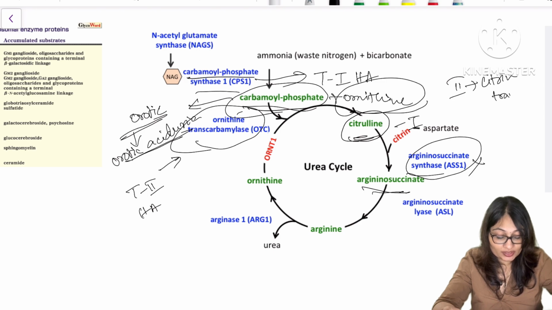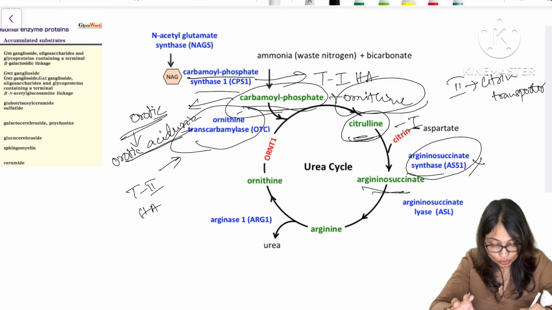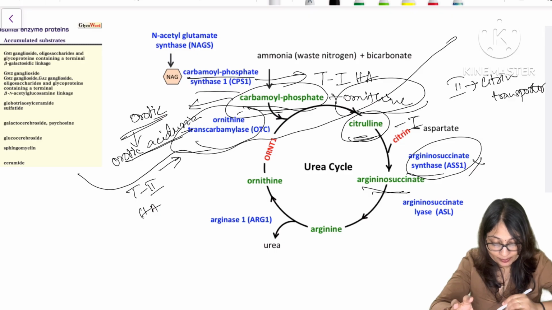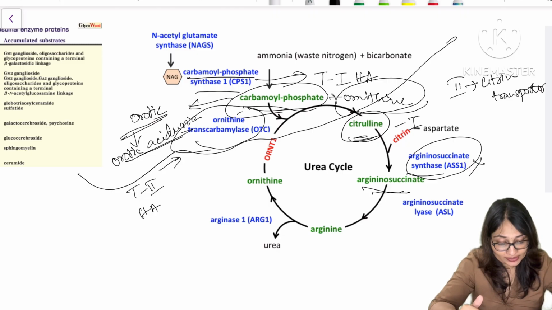This is a reaction which happens in both mitochondria and cytoplasm. Until this point, all these things were happening in mitochondria; post this, it is in the cytoplasm. So the citrin transporter defect results in type 2 citrullinemia.